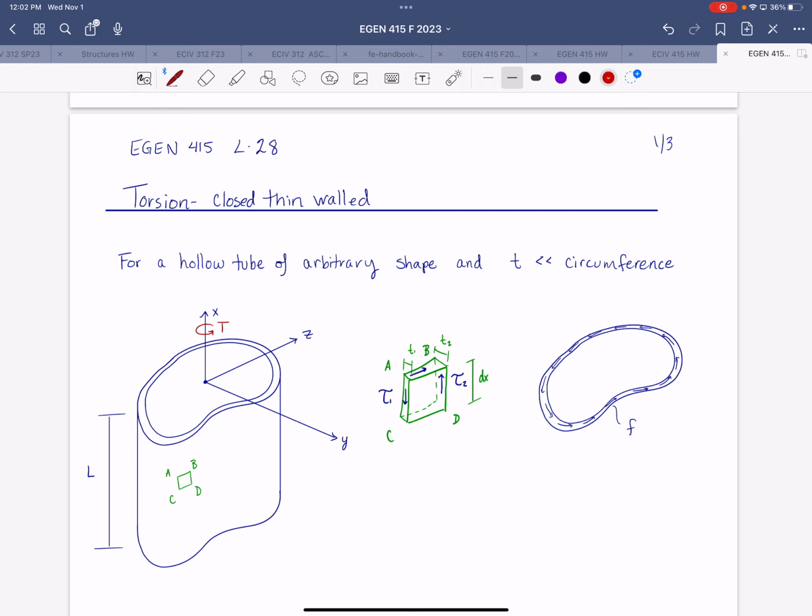So we're going to go back to our ubiquitous kidney bean shape, except this time we're going to assume that it is a thin tube, or thin-walled tube. And it's considered thin-walled generally if the thickness is much less than the circumference.